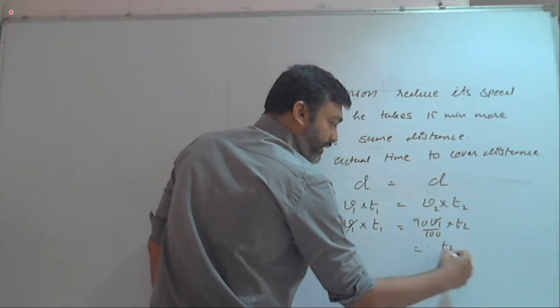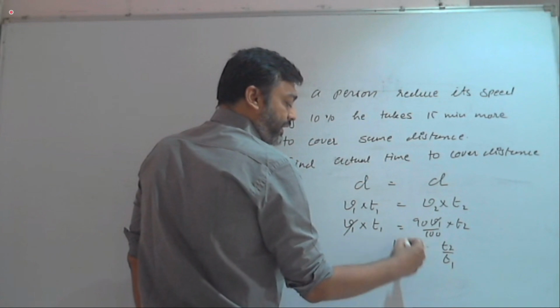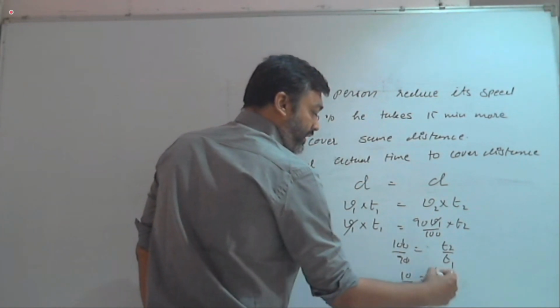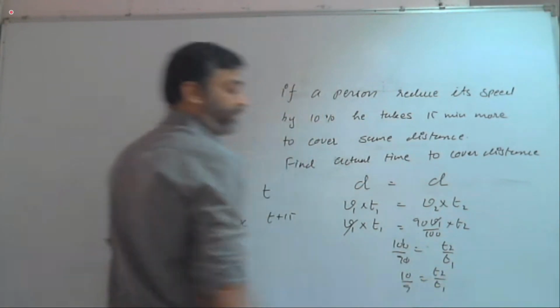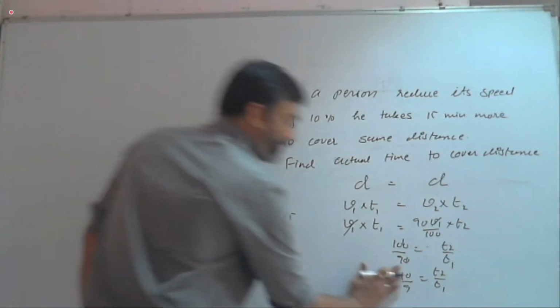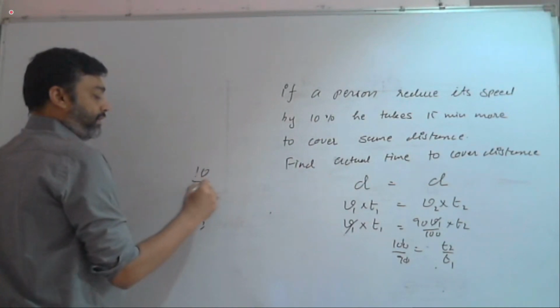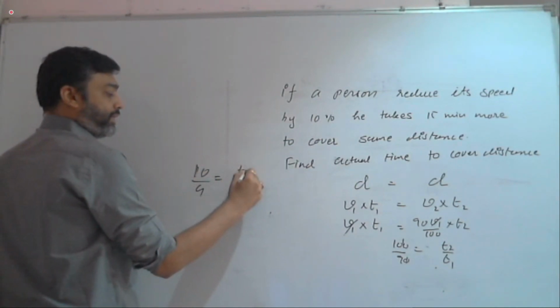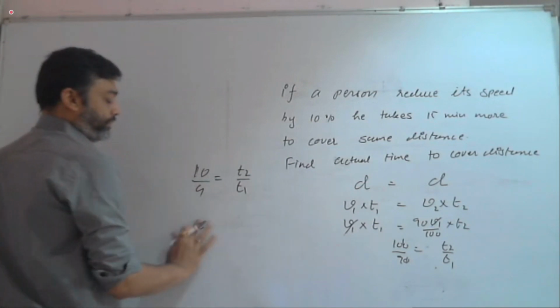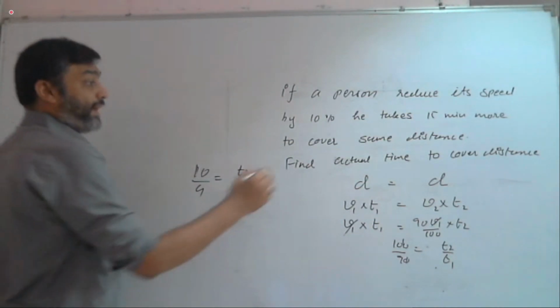That means T2 upon T1 is equal to 100 upon 90, which I can write as 10 by 9. Clear, everyone? So 10 upon 9 is equal to T2 upon T1. Now in this case, I am given the time difference.